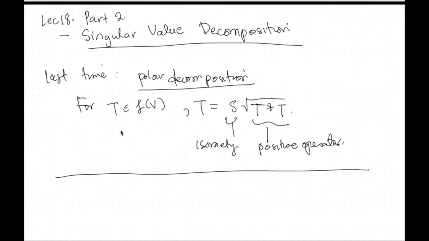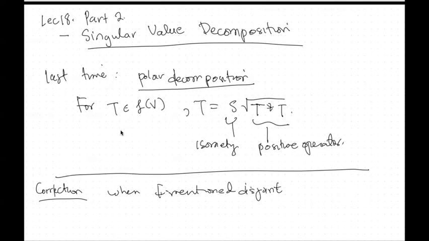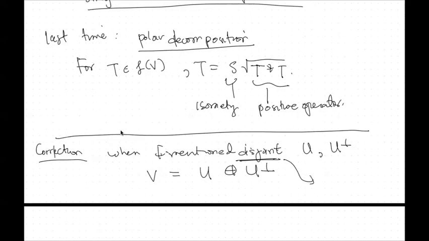Before going forward, let me correct myself. When I mention disjoint, U and your U complement, the orthogonal complement, I say disjoint here, not necessarily disjoint, but what I mean is they are disjoint on the non-trivial vectors.